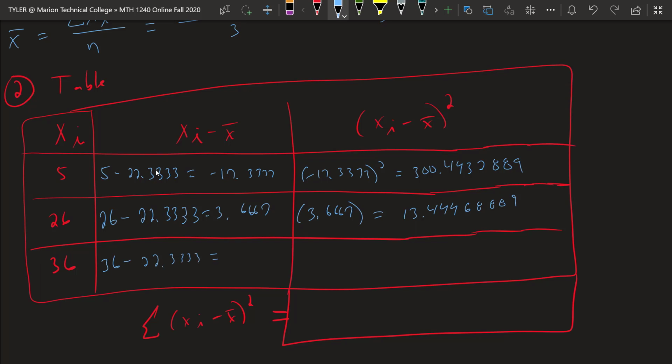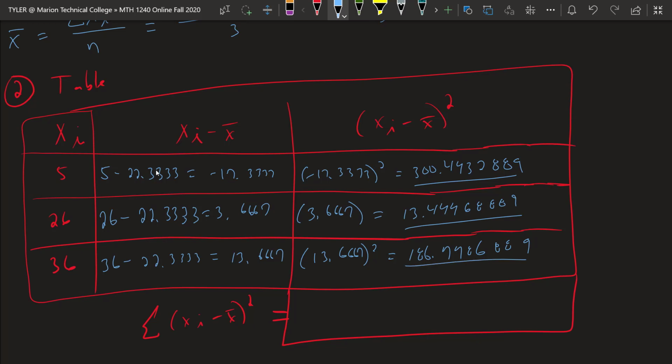I square that and get about 186.7778. And then I total these numbers up, right?